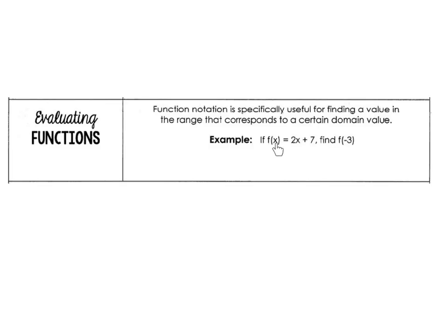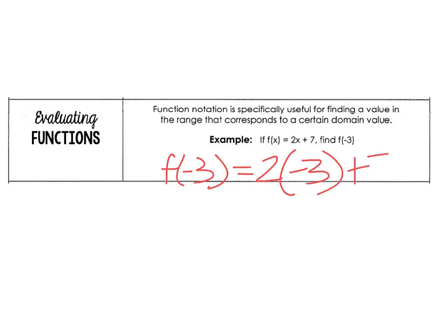Every time we see an x in our function, we're going to substitute in a negative 3. So we would say that f of negative 3 equals 2 times, and whenever we see an x, we substitute our x value, our input, plus 7.